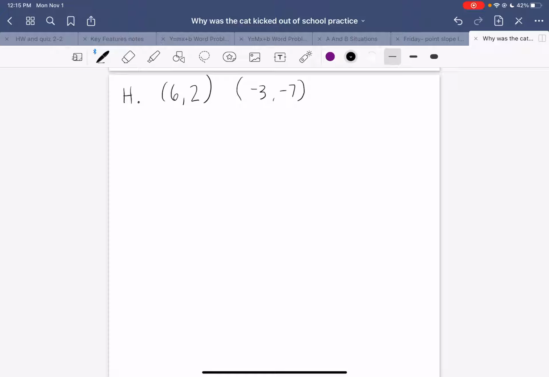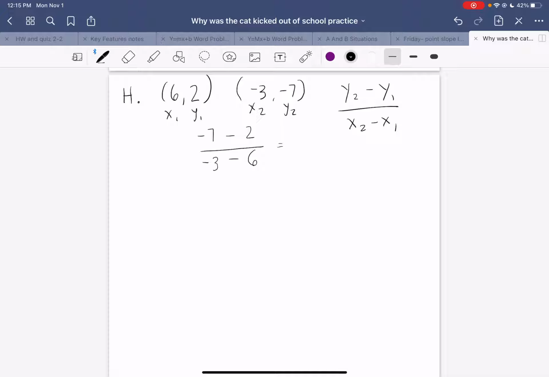So we learned last Friday that the easiest way to find the slope is to use our slope of a line formula, which is y2 minus y1 over x2 minus x1. So first, draw my line and my subtraction sign, and then fill in the blanks. If you want to label them, you can. x1, y1, x2, y2. So it's going to be -7 minus 2 and -3 minus 6.